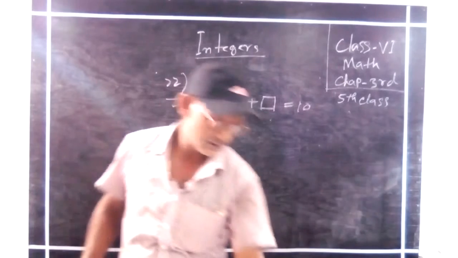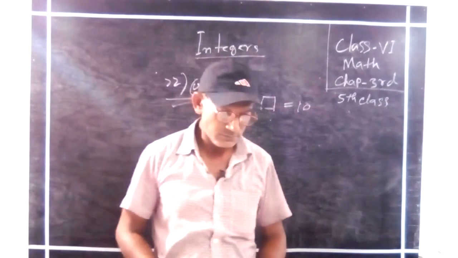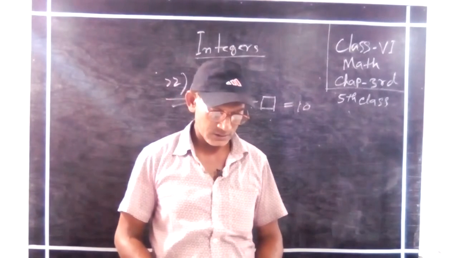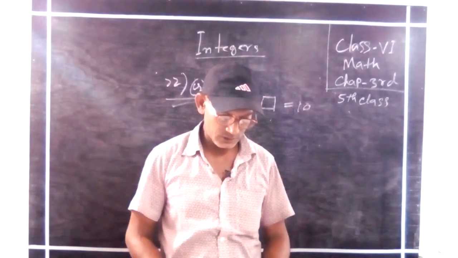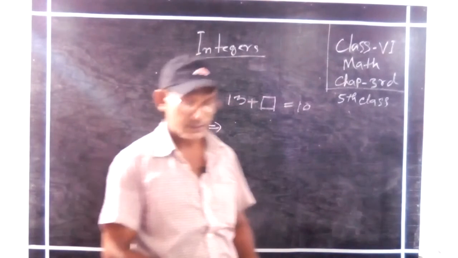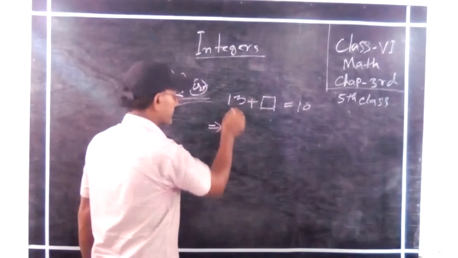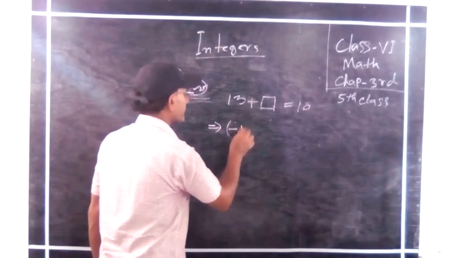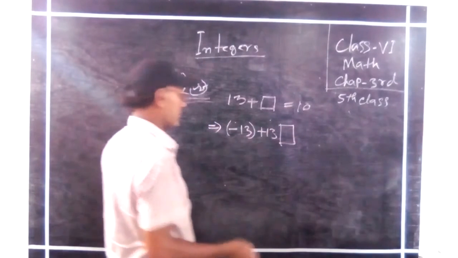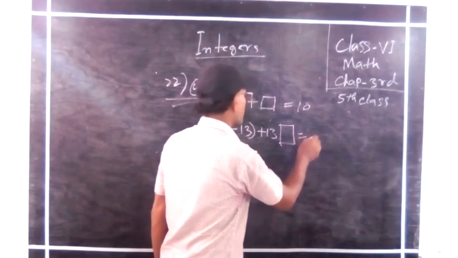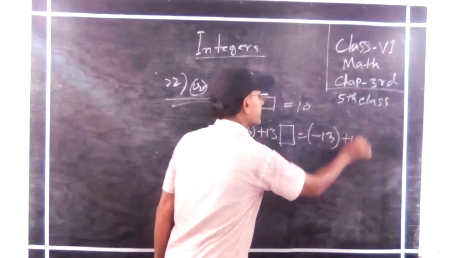Plus empty cell, that means we'll say again number 12. 13 plus empty cell, we will here use minus 13, that means plus 13, minus 13 plus 13. Empty cell equal to minus 13 plus 10.